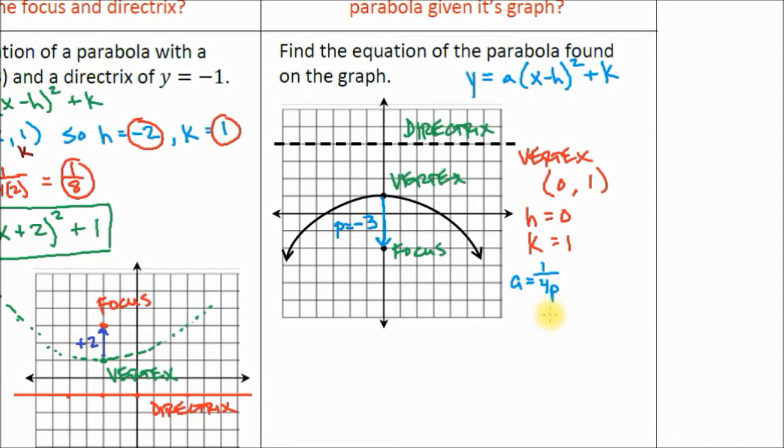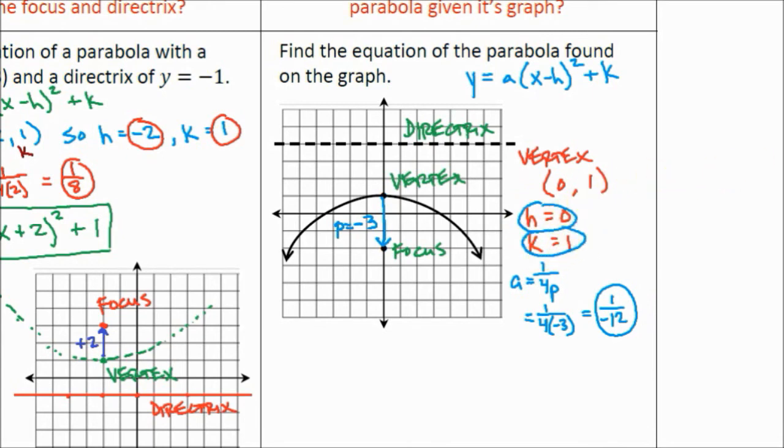And that's going to be equal to 1 over 4 times negative 3, and that is equal to 1 over negative 12. So here is our a value, we've got an h value, and we've got a k value.